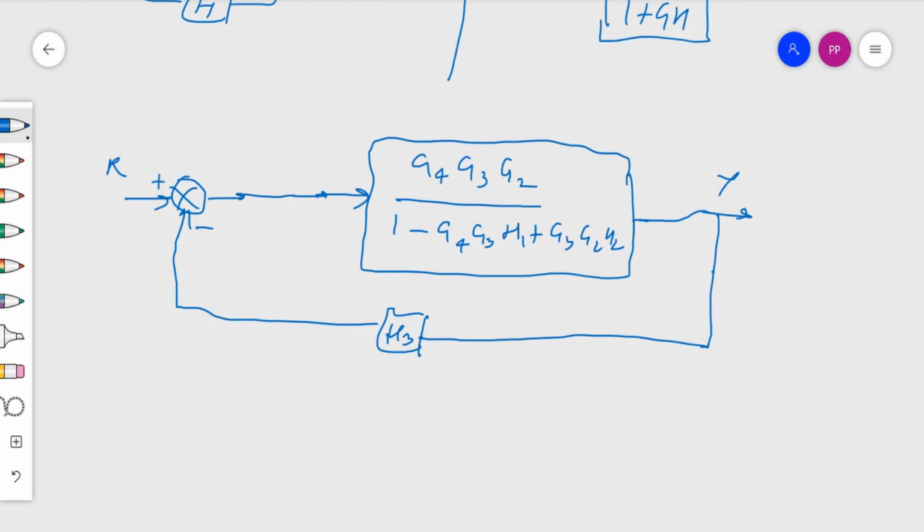Then I can place G1 over here. This G1 I can place over here.